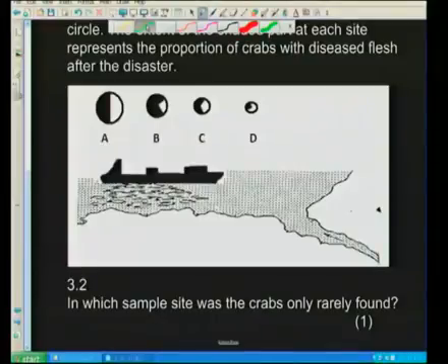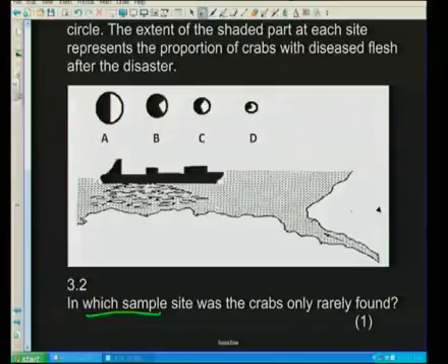Well done. Right, the next question. It says, in which sample, okay, they refer now to A, B, C, D. And as we did now, we wrote down, and we know that that sample has got the biggest proportion. All right, let's read. It says, in which sample site was the crabs rarely found?